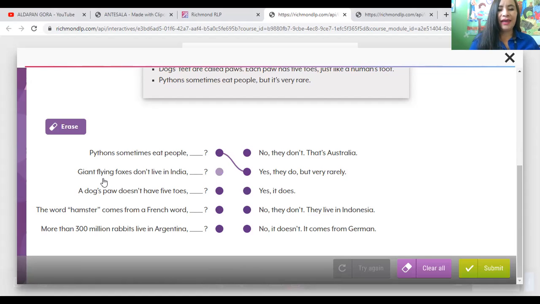Next, giant flying foxes don't live in India. Do they? No, they don't. They live in Indonesia.